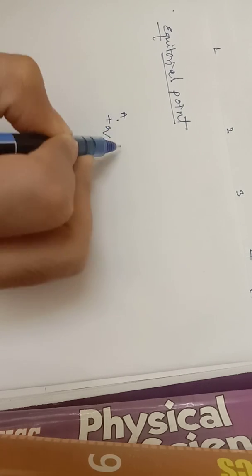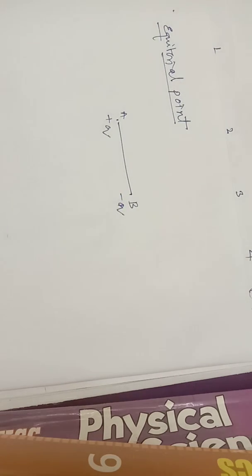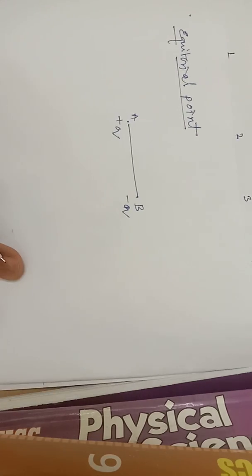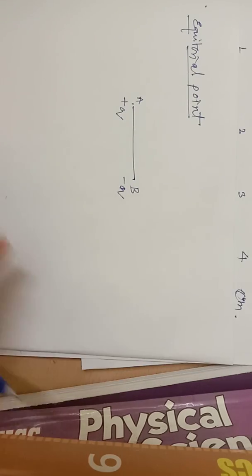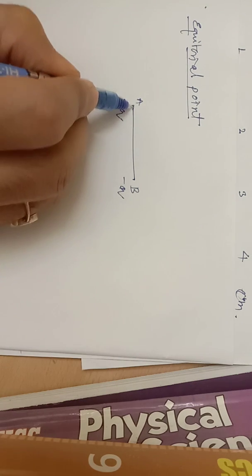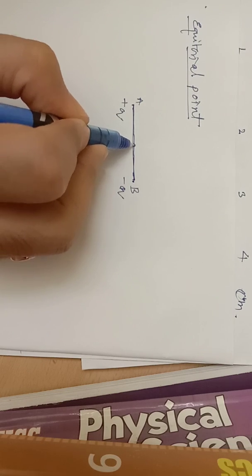If the dipole is plus q at A and minus q at B, then the equatorial point means the point which is on the equator of this line. This is the midpoint.